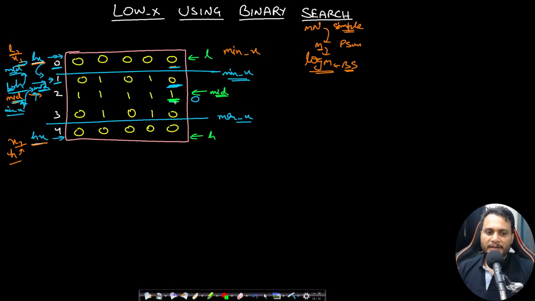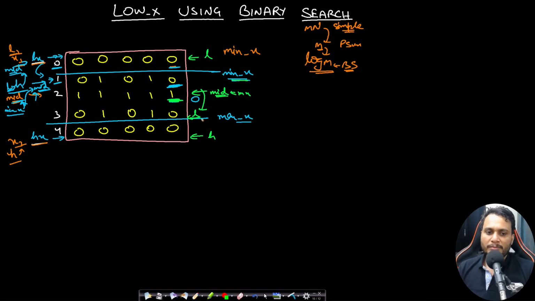If the prefix sum value here is greater than 0, then this means that there are ones on the top, so min x must be above, and if this value is greater than 0, then I need to move down. Now if you move down, then your max x will be assigned to this mid value, your low will be assigned to mid plus 1, and high is here.